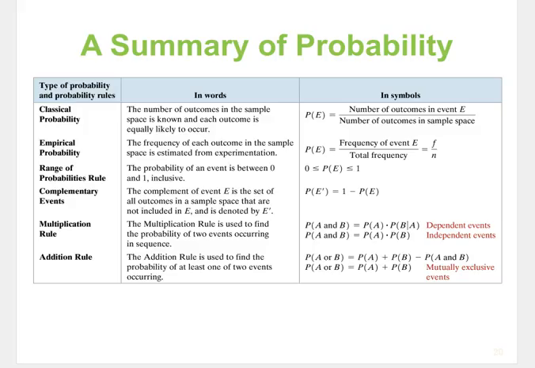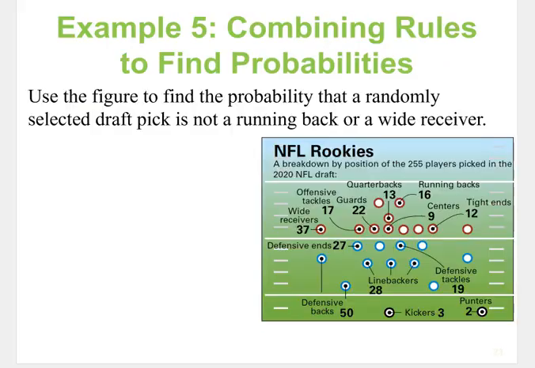Don't forget about the complements we have talked about, the multiplication rule, and the addition rule. These are all needed because when you get problems, they're not always going to be super straightforward. Sometimes you're going to have to combine all of your knowledge to figure out what's going on. So let's do an example of that.